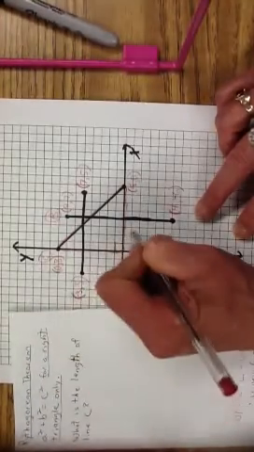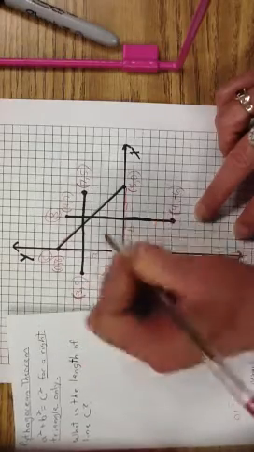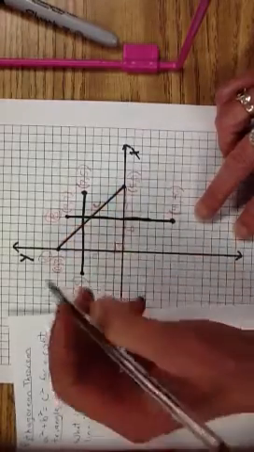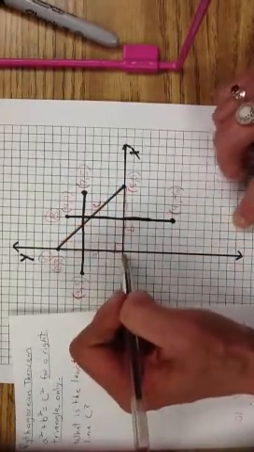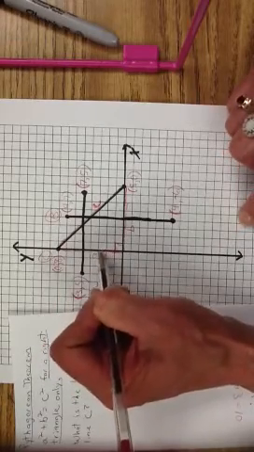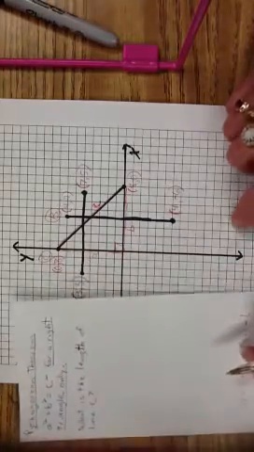Here would be one side, here would be another side, and then the diagonal line. So you do see the triangle. Now, we could call this side A, this side B, and this side C for the Pythagorean theorem. Let's look. This point here, it's 1, 2, 3, 4, 5, 6, 7, 8. So we're going to use the y-coordinate.